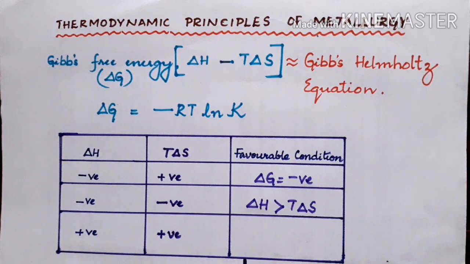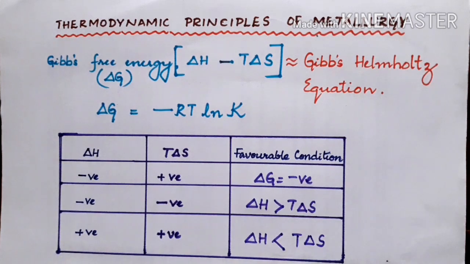Here delta H must be less than T delta S. Under such a condition, delta G becomes negative. Hope it is clear.